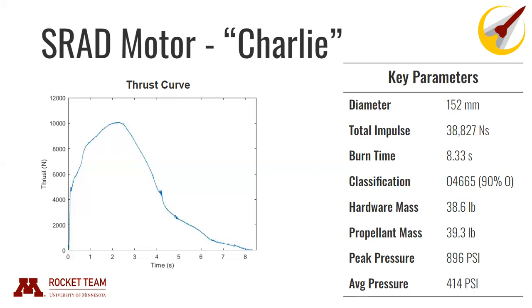Do you know what your max pressure was? Yeah, so you can see here peak pressure from the converted data. Converting the thrust data to pressure data using the rocket motor equations, we calculate it to be about 896 psi. Simulated, I believe our max pressure was about 803 psi.